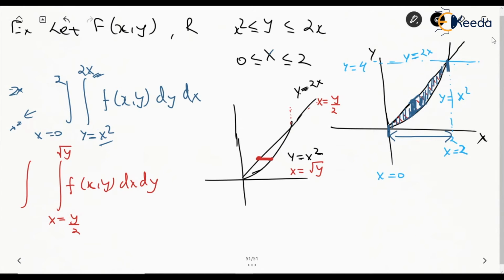Now for what region are we going to sum up or integrate these horizontal elements? We can see it will start from here and go up to here. So what is this line and what is this line? This line is y equal to 0 obviously, and this line we have already seen, this is y is equal to 4, right?